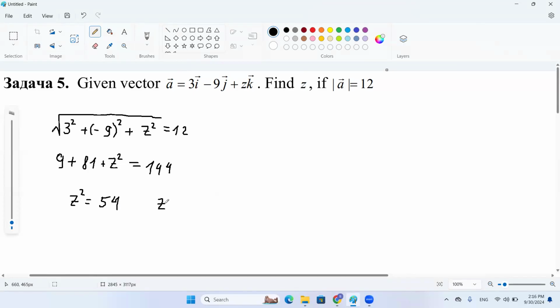And we have two solutions, by the way. z equals plus minus square root of 54, but we can move 9 from under the root. So it is 3 square roots of 6.